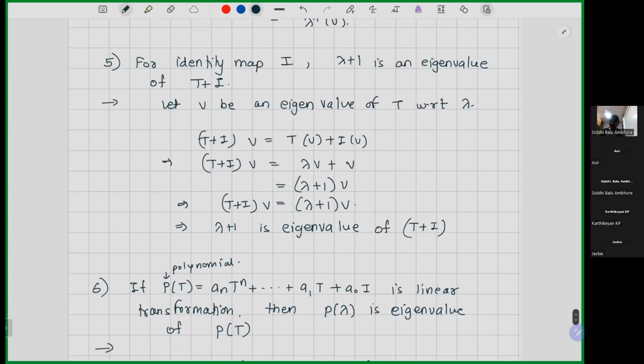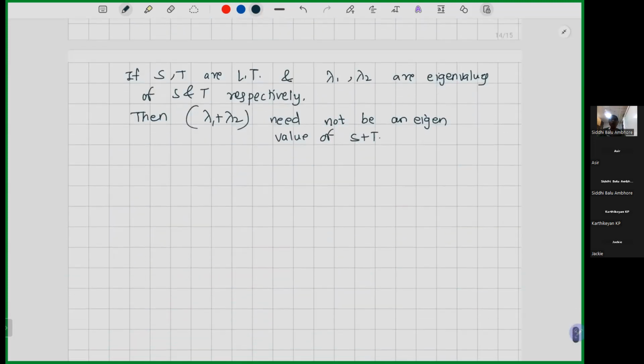So that's why this was holding. But in general, this is not true, because λ1 will correspond to some v and λ2 will correspond to some w, and they need not hold. I hope what I'm saying is understandable.